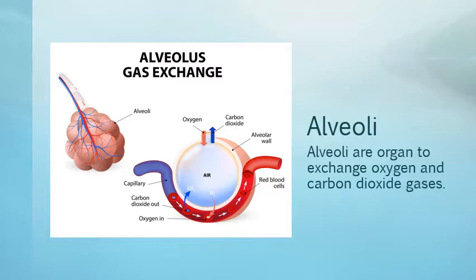The oxygenated blood then makes its way to the pulmonary vein. This vein carries oxygen-rich blood to the left side of the heart, where it is pumped to all parts of the body. The carbon dioxide the blood left behind moves into the alveoli and gets expelled in our exhaled breath. Okay, that is a glance about alveoli.